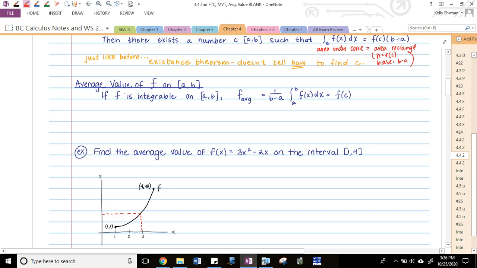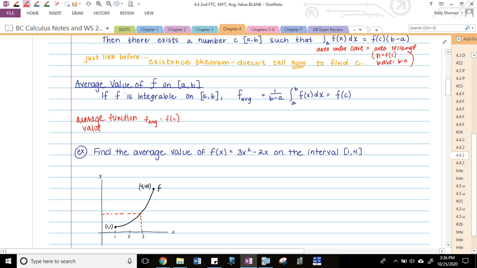And that's equal to some f of c value. Okay, so what the heck is this saying? Remember, average value, we're saying average function value. We call that f average, but it's also known as just some f of c, right?